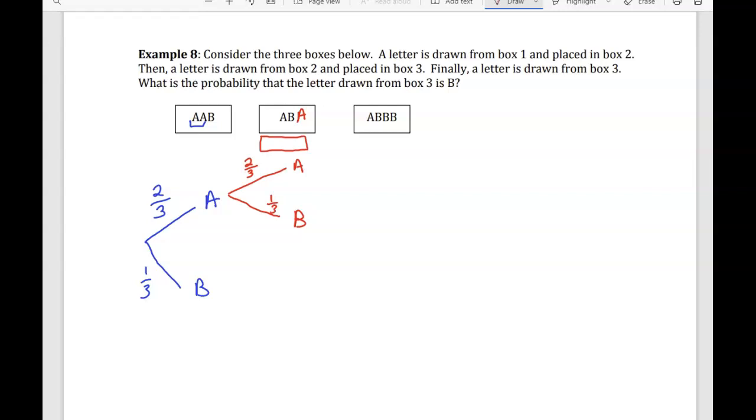If we drew the B, it would look like this, and so we can still draw an A or a B, and therefore it would be 1/3 and 2/3. So it depends on, did we draw the B or did we draw the A?